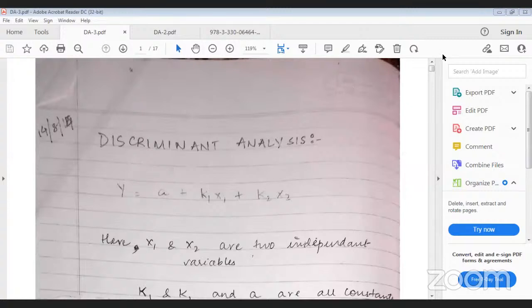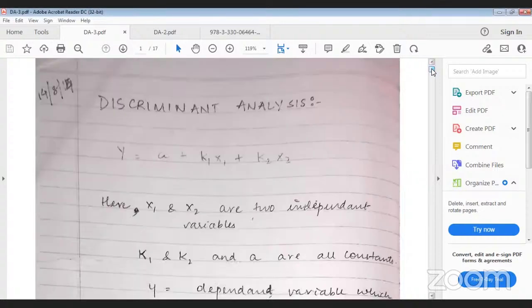Discriminant analysis, as I have told you, is used for prediction and classification purposes. First you classify, then you predict. Suppose the equation is given by y = a + k1x1 + k2x2, where x1 and x2 are two independent variables, and k1 and k2 are constants.